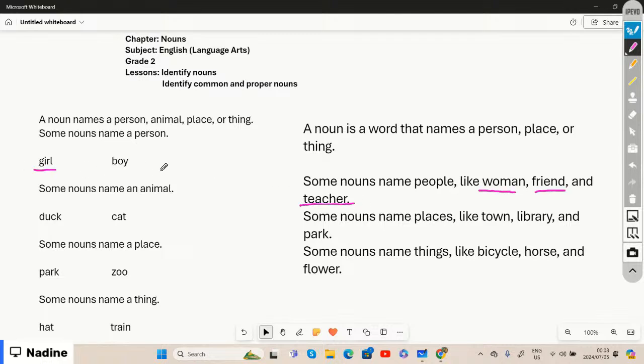We said girl, we said boy, that names people or person, right? Then we have nouns that name places, right? And we said places can be like the park, the zoo, town, library, school, the museum. Those are places, right?